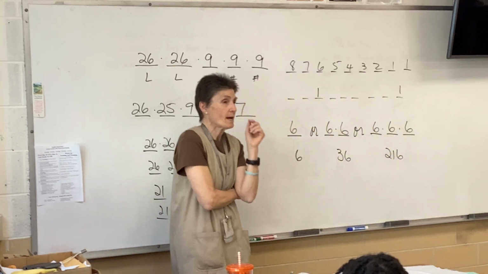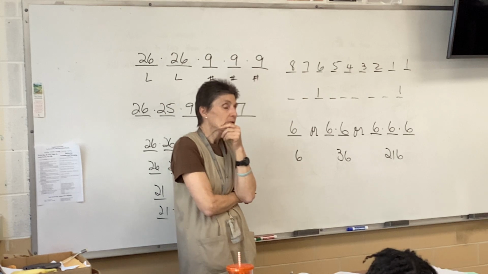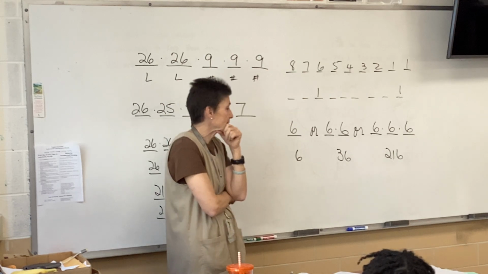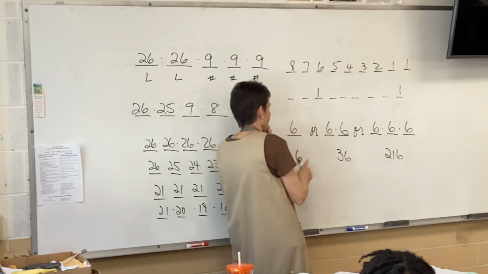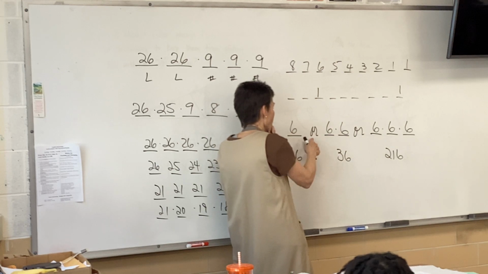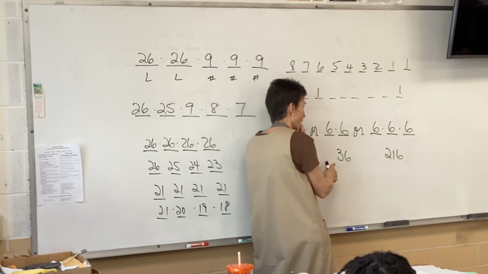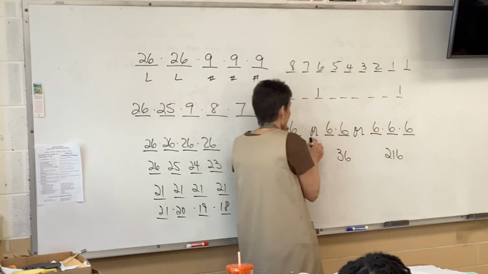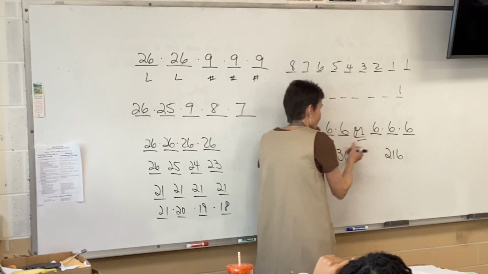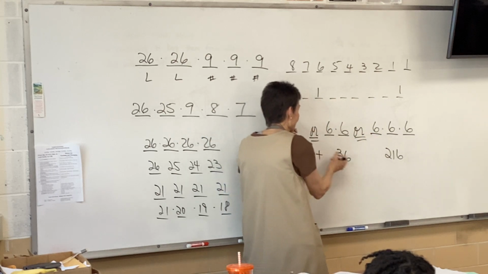Now, for the first time today, we've got this situation. We are going to make either a 1-digit number, or a 2-digit number, or a 3-digit number. Or means add.